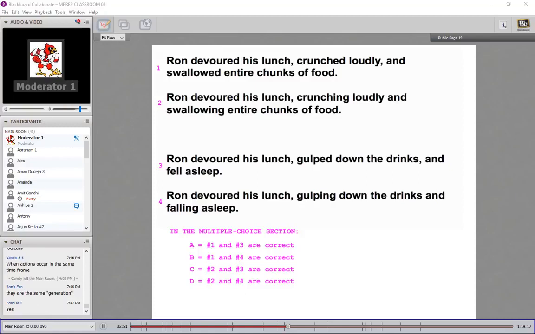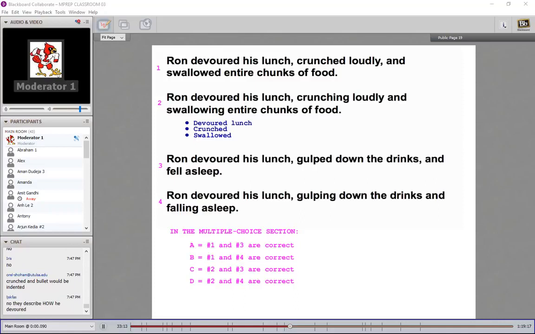Like if I said bullet, devoured lunch, bullet, crunched, bullet, swallowed, does that make any sense? No way, right? Of course it doesn't. Because these are not three things. Yeah, you would indent that. That's what you would do.